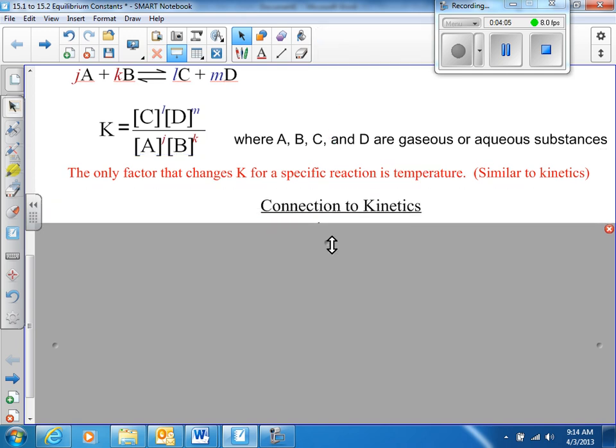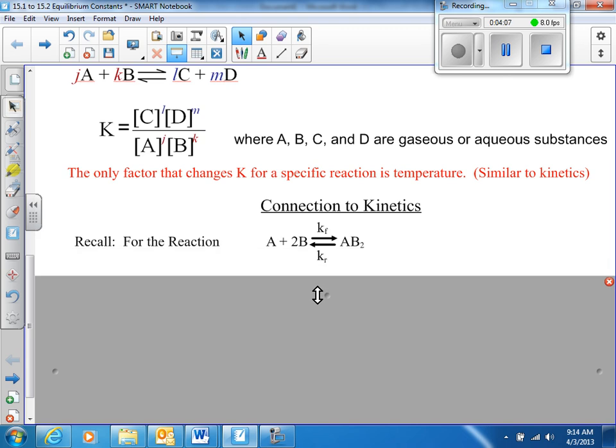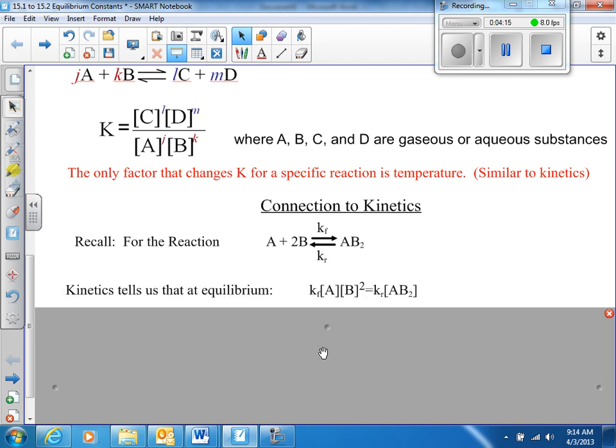So let's see how this connects to kinetics. Last chapter, we had a reversible reaction. When we were doing mechanisms, we learned that at equilibrium, K forward times the reactants raised to their powers is equal to K reverse, Kr, times the product chemicals raised to their power.